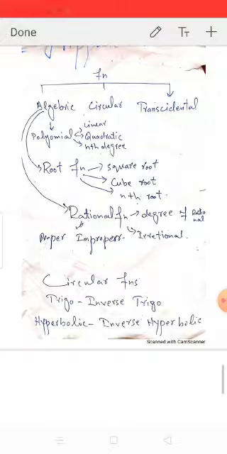Trigo means trigonometric functions: sine theta, cos theta, tan theta, and inverse of these functions, and hyperbolic functions which are sine hyperbolic, cos hyperbolic, tan hyperbolic, similarly secant, cosecant and cot hyperbolic.